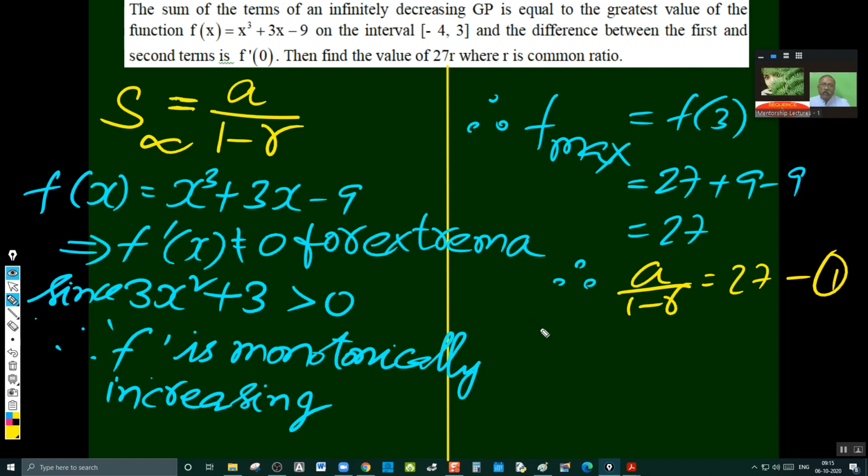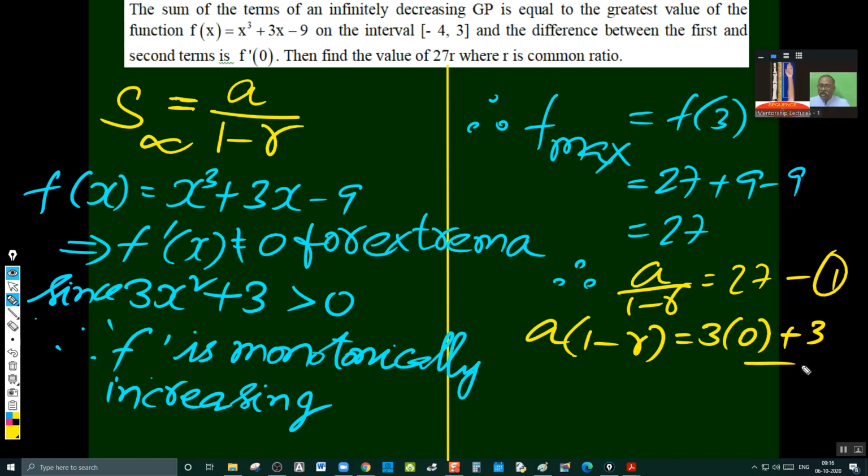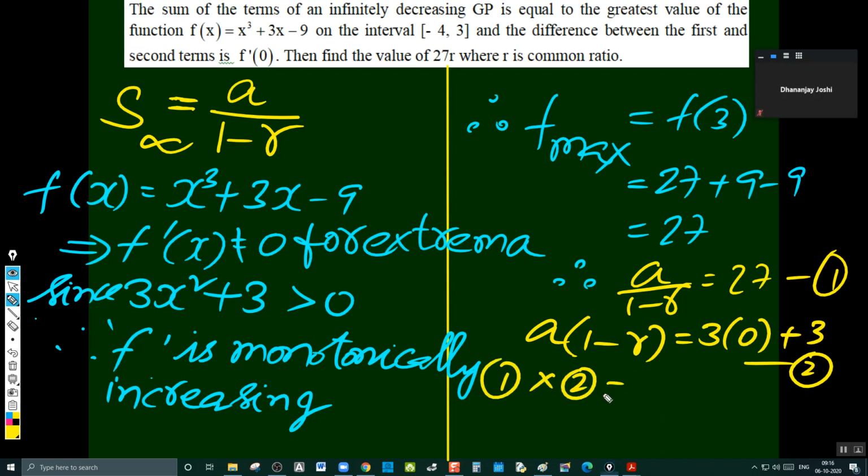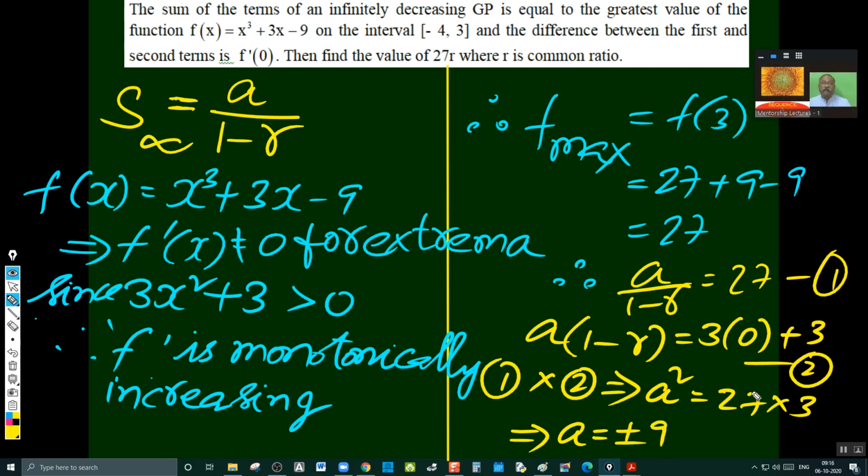That is A minus A into r, which is 3x square plus 3, 3 into 0 plus 3. हाँ अब ये दूसरा हो गया. मल्टीप्लाई कर दो. 1 into 2 कर दो. आइडिया कैसा आएगा? इधर 1 minus r है, इधर भी 1 minus r है. ये हो जाता है. क्या पूछा उन्होंने? r पूछ रहा है.